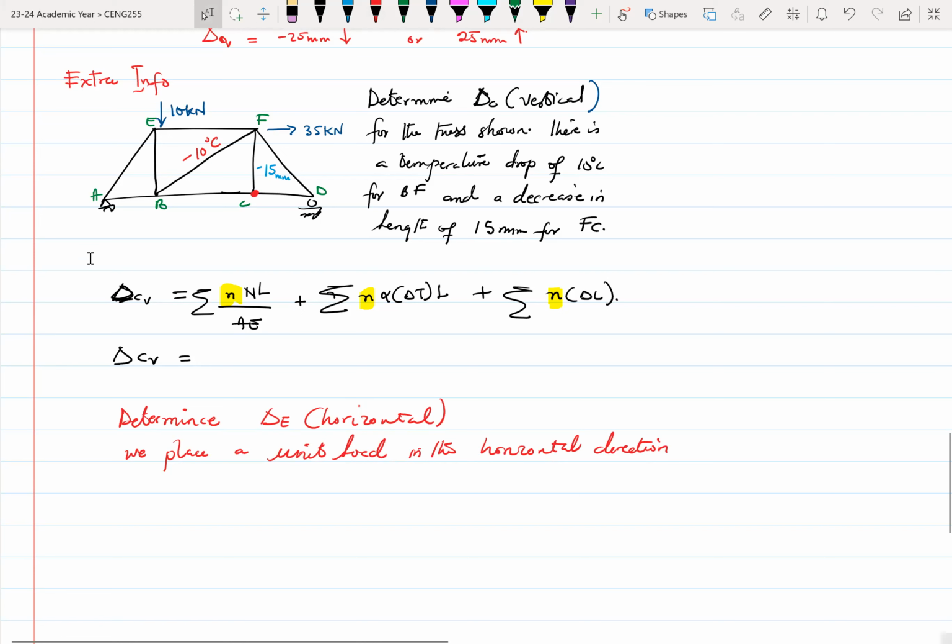All right. So these are the key things we need to know with regards to the truss systems when finding displacement for any truss system. Right. These are typically the combinations of what we can have.